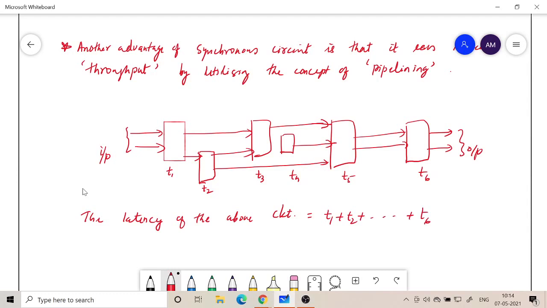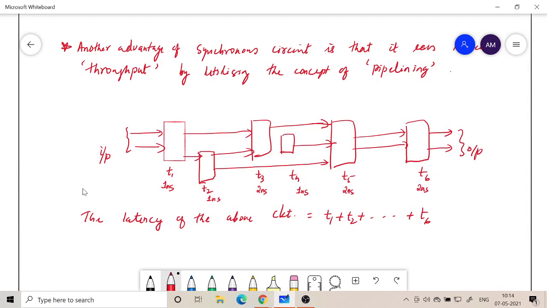In this case I have drawn 6 different stages, so depending upon the number of stages from input to output, you need to wait that long to get the output. Suppose, say, T1, let me assign some times: this is 1 nanosecond, this is also 1 nanosecond, this is 2 nanoseconds, then 1 nanosecond, 2 nanoseconds, 2 nanoseconds.